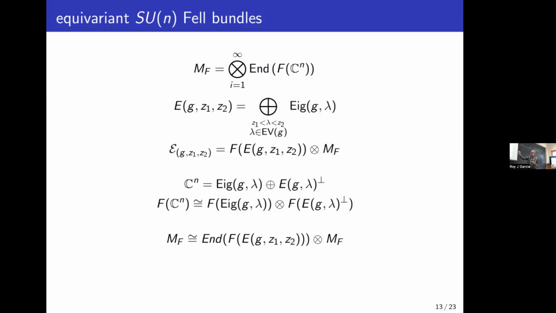I've taken out a part of it. If I have an infinite tensor product of matrices, each of which is 2 by 3, I can pull out, of course, M6 or M2 times 3, but I can also pull out 2 by 2 matrices. So if this is an infinite tensor product of 2 times 3 matrices, that's a 2 by 2 matrix. I can pull it out again. So because of this picture, I can act on the left and on the right. So I've got bimodules to help me.